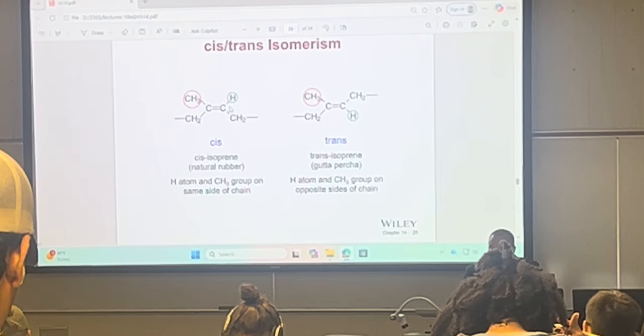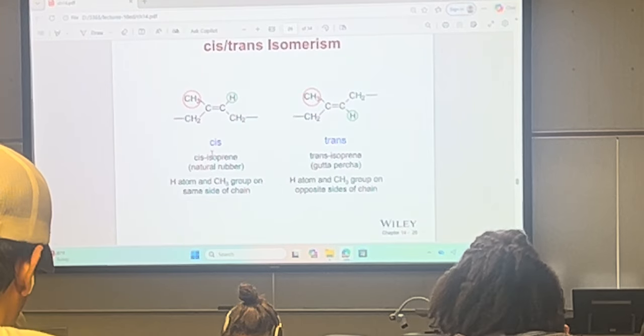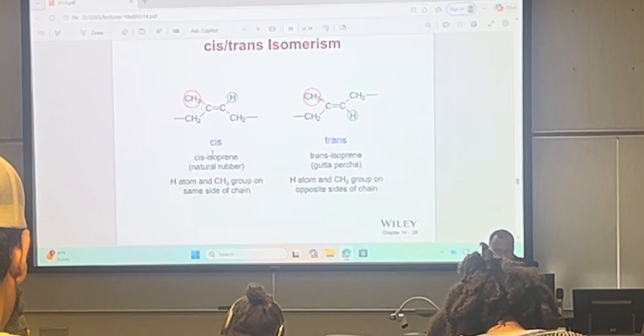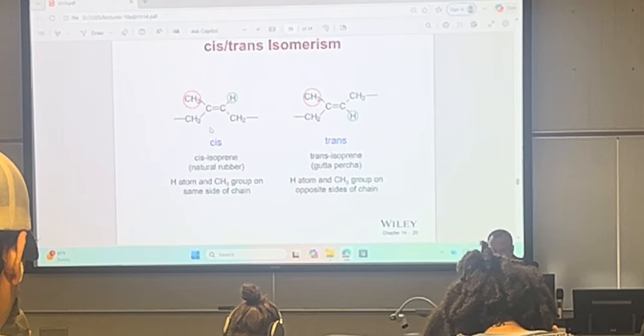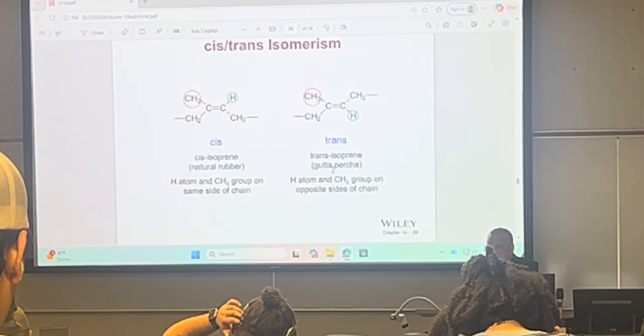All right. Cis versus trans isomerism, a very important one. Here is the natural rubber, or cis isoprene. This is trans isoprene, or gutta percha.